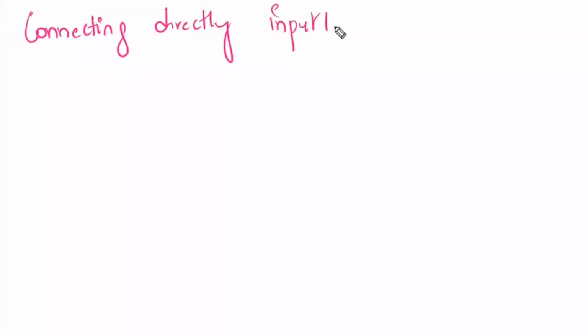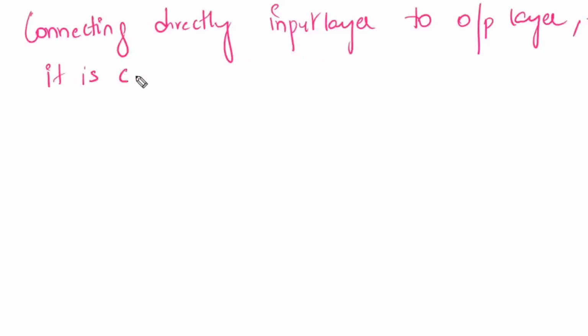Next one: if you connect directly the input layer to the output layer, then it is called a perceptron model.